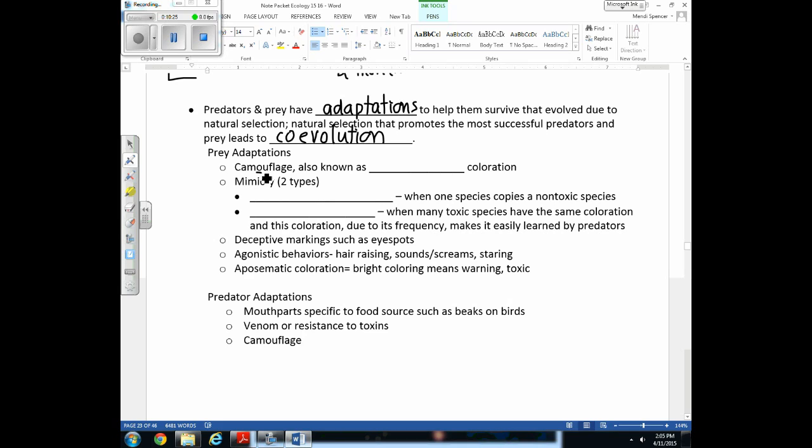I'm sure you know what it means if an organism is camouflaged, but this can also be called cryptic coloration. Cryptic means obscure. Mimicry is an adaptation where one species copies another species, and there's two types. First one is called Batesian mimicry, and the next one is called Müllerian mimicry.